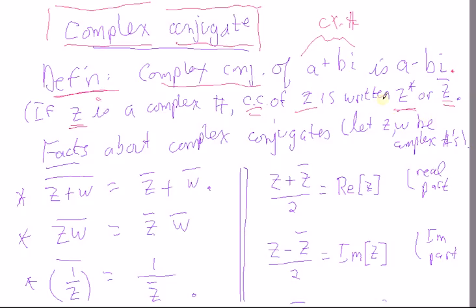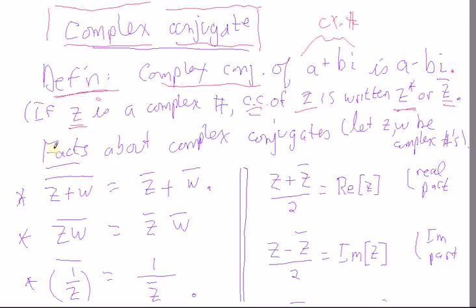Now, typically when I have vectors, I'm going to write star for the vectors. What's the complex conjugate of a vector? Well, you take the complex conjugate of each component. But if I'm not talking about vectors and I'm just talking about numbers, typically I'll use z bar. But you should be aware either z star or z bar can be used for complex conjugate.